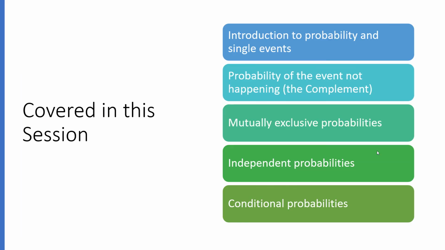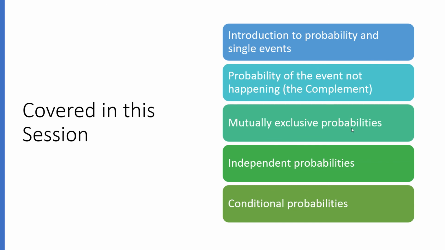Okay, so what we've covered in this session then: an introduction to probability and single events, the probability of the event not happening, so the complement of the probability. We've done mutually exclusive probabilities, so that means if one event happens, then another cannot happen alongside it.